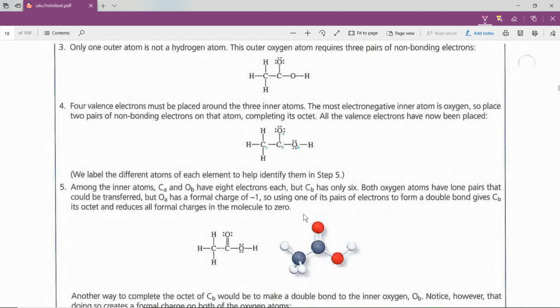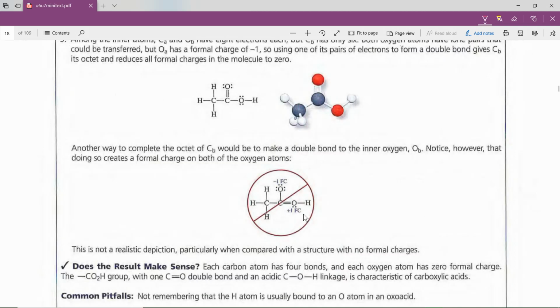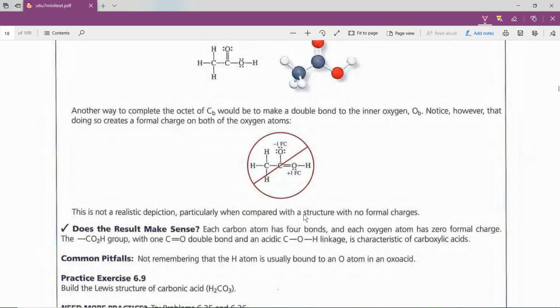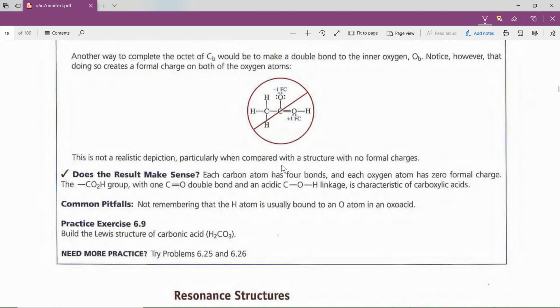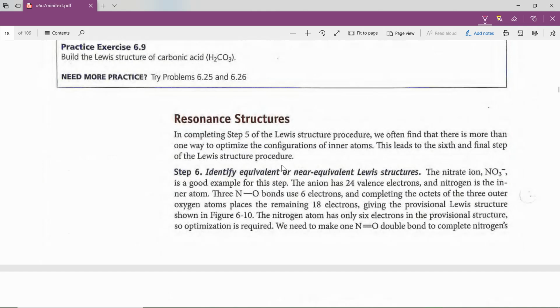And then they go through the whole thing. They get graphic with it, with this big slash through the one with the -1 and the +1. Carbonic acid, I'm going to let you try that one on your own, as well as practice problems 6.25 and 6.26.